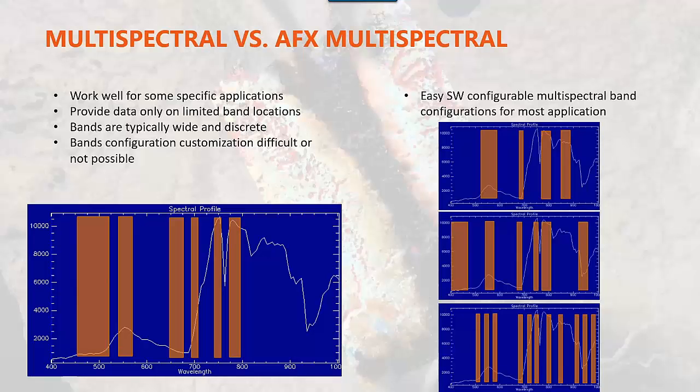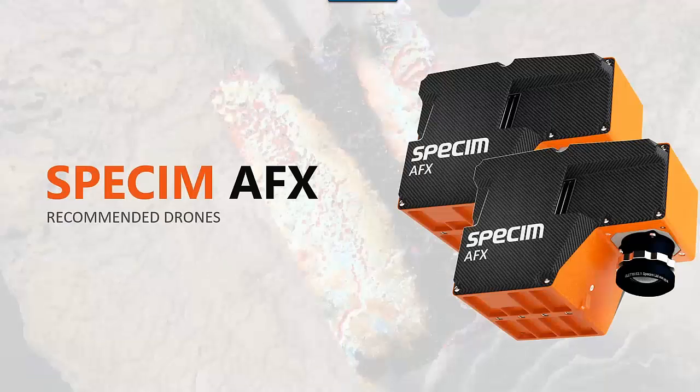With the fixed band multispectral, you can easily miss information on some specific locations, but with AFX, you can study it first with the hyperspectral configuration and then set the bands of interest to certain locations where you really have that information related to your application. So that's a huge benefit.